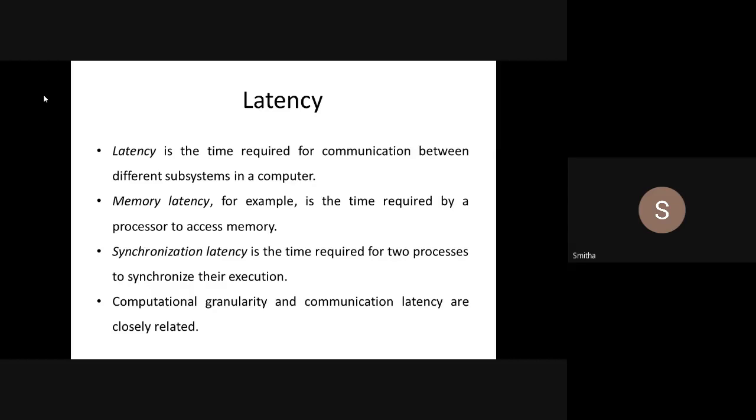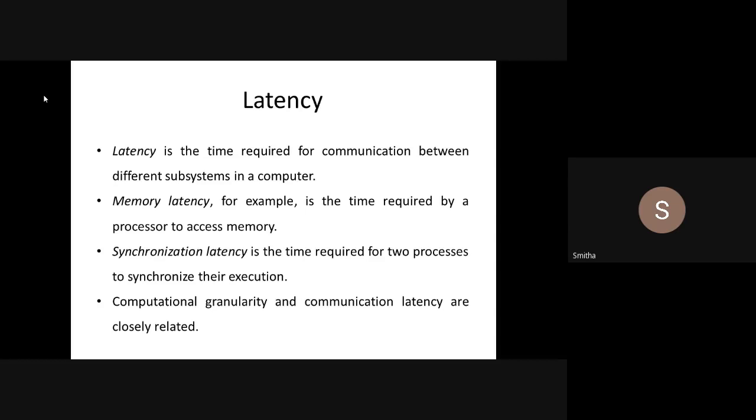Whatever result they get is not final. After getting the partial results, we want to add those two results. At that time they will synchronize with each other in order to share and merge those results.